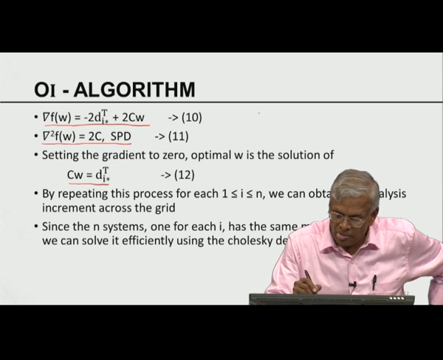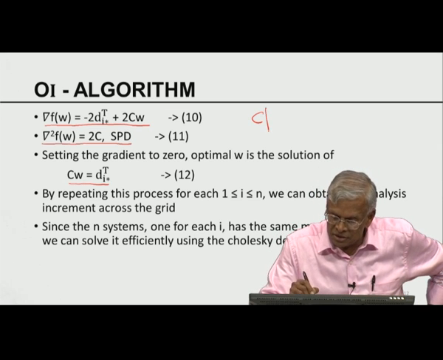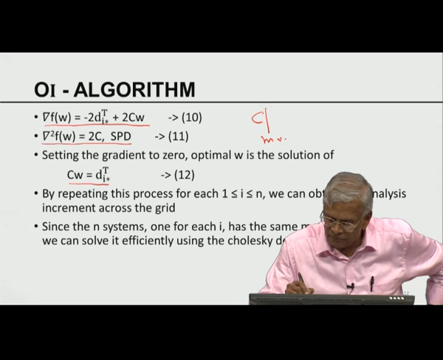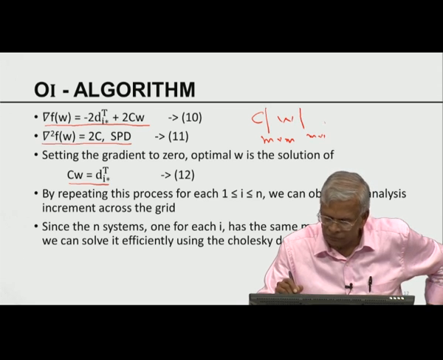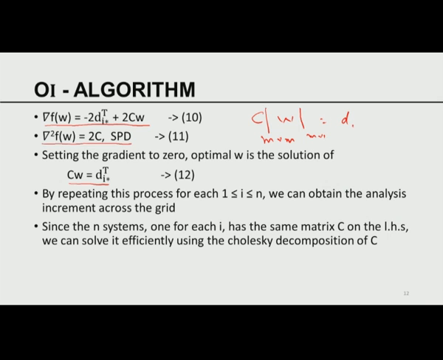C is an m by m matrix. W is a vector, an m by 1 vector. That must be equal to di star transpose. Please remember, di star transpose is the ith row. Let us go back now to D. D is an n by m matrix.